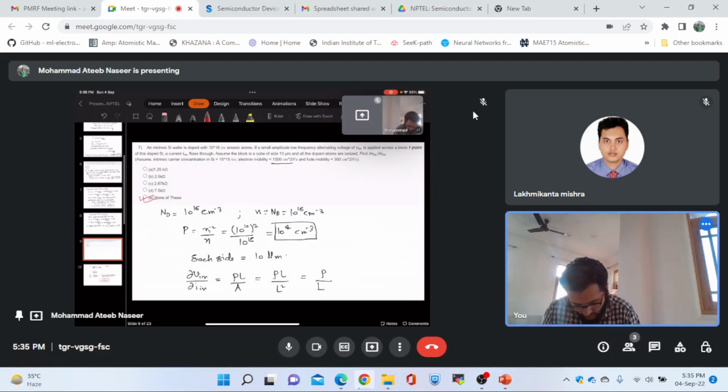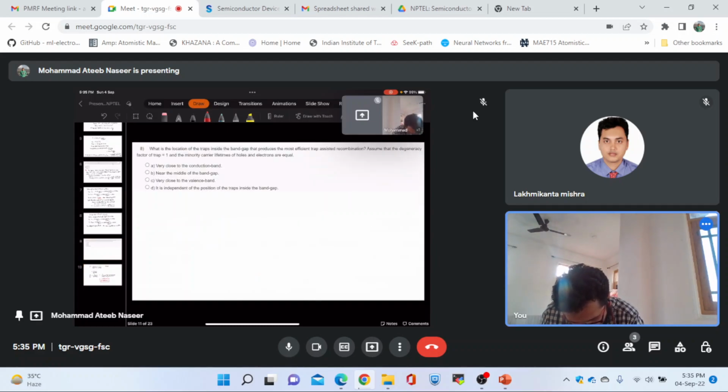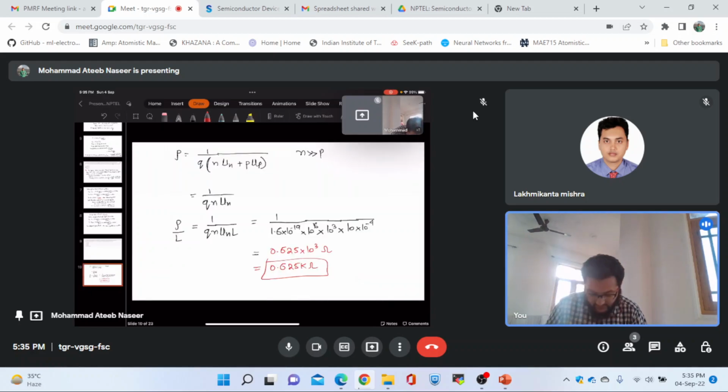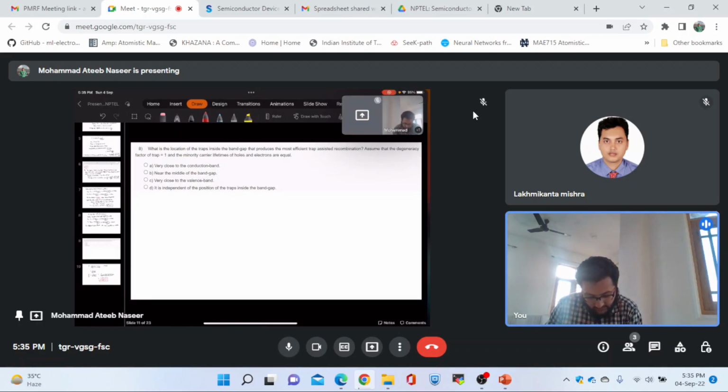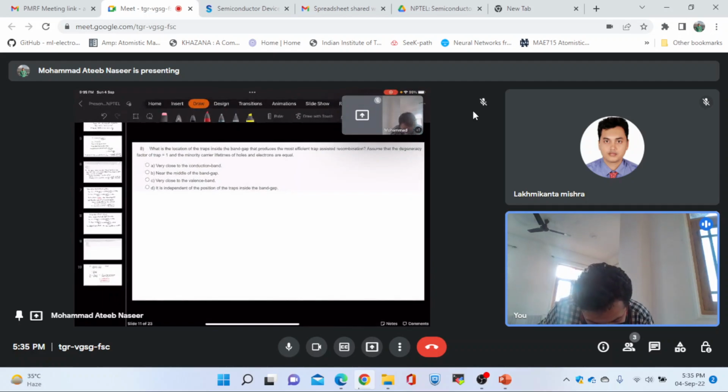Let's move towards another problem which states that we have been given some traps which lie inside the semiconductor band gap, and we have been told to find the location of these traps inside this band gap that will result in the efficient trap-assisted recombinations, and we have been given the degeneracy factor that is equal to 1.